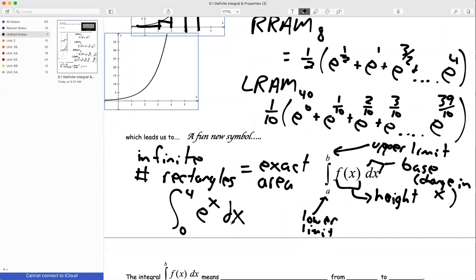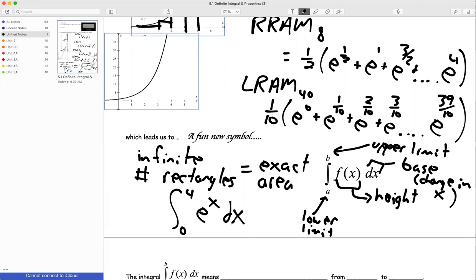And this is with respect to x. Okay, so I have this new symbol. We say it's an integral. I have an upper bound and a lower bound. I have a function that's giving me the height of my rectangles, and the dx is telling me that this is with respect to x.